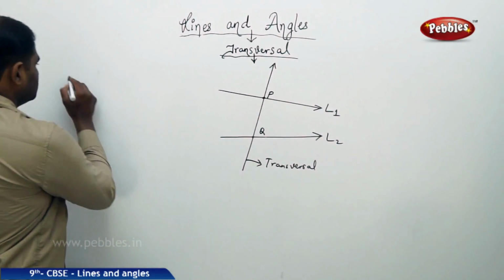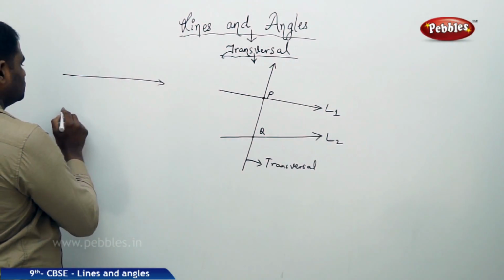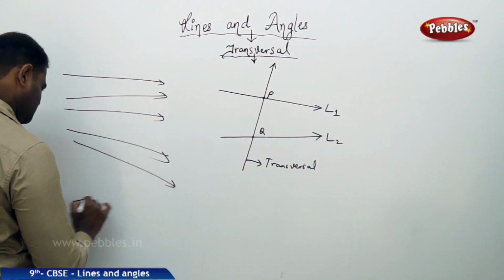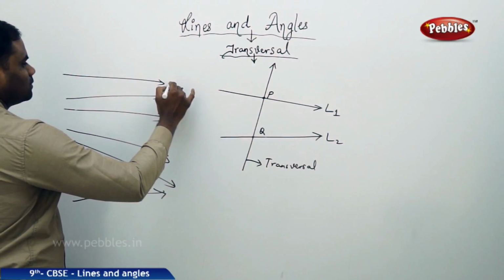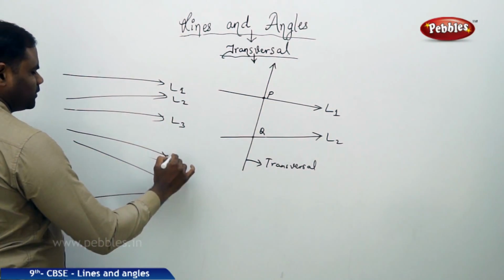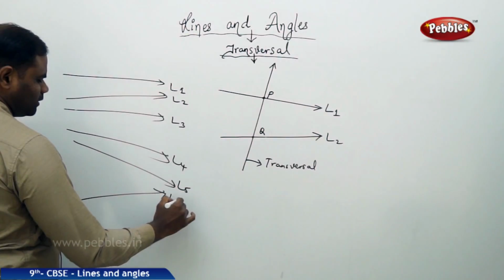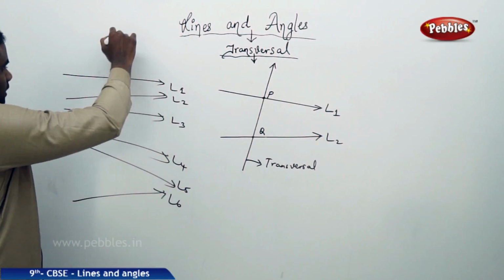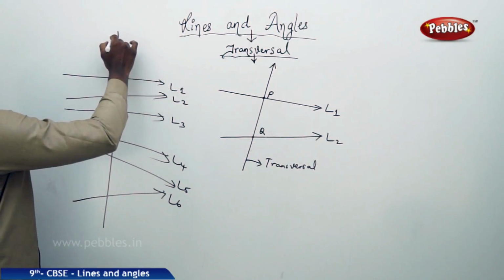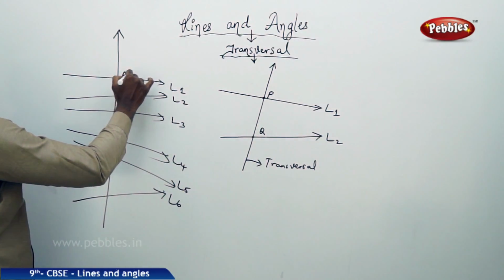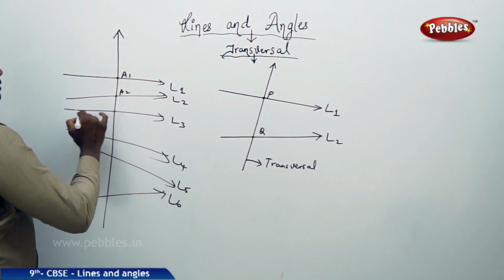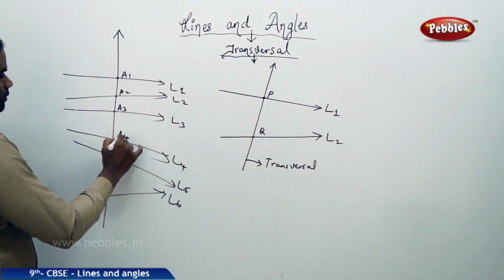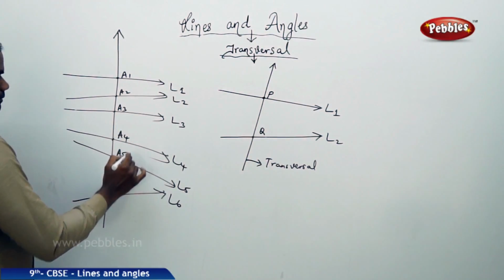Imagine I have L1, L2, L3, L4, L5 and L6. There are 6 lines here, and then there's a line which cuts L1 at A1, L2 at A2, and cuts L3 at A3, L4 at A4, L5 at A5.